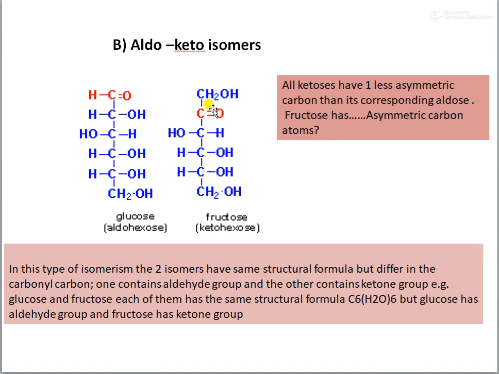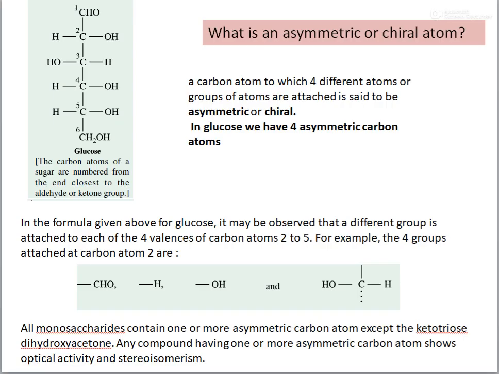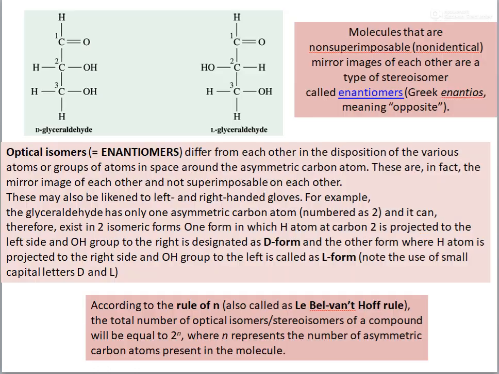So this is the case of aldo-keto isomerism, which is another case of stereoisomerism found in the carbohydrates. So we came across the first one, the occurrence of asymmetric or chiral atoms, and that could contribute to what?